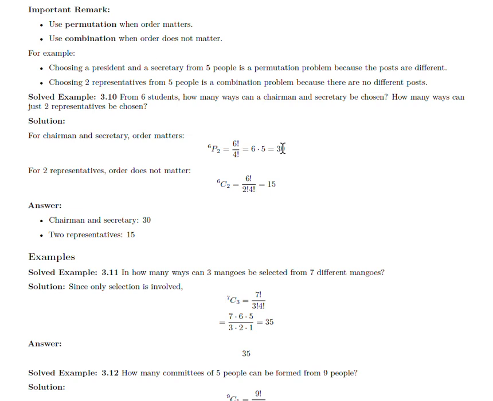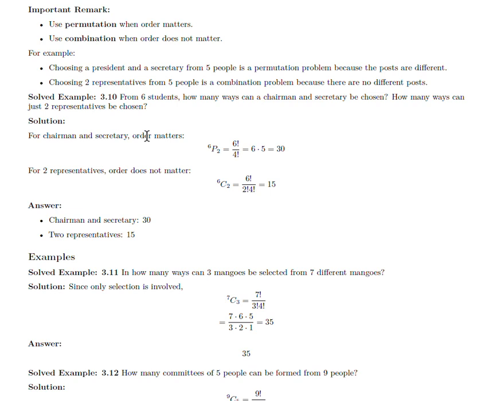For 2 representatives, how many ways can just 2 representatives be chosen? That is from 6 students. That would be 6 combination 2 this time around, which is 15. I believe we can see the difference. In this first instance, the positions are defined: chairman and secretary out of 6 students.